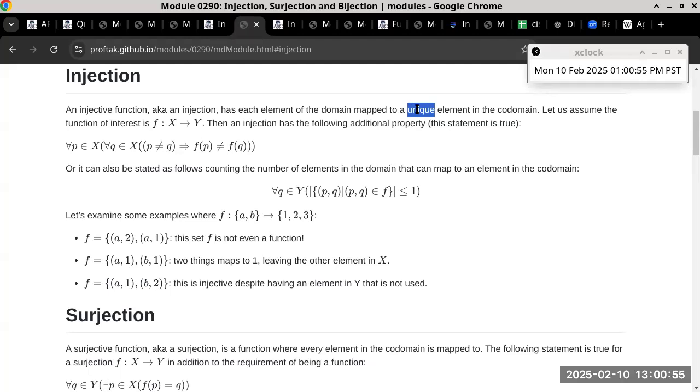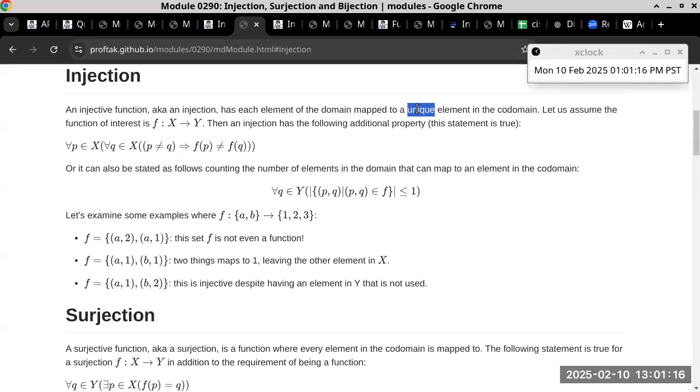Every injection is a function, but not every function is an injection. So is that okay? Because I just said a sentence where you understand every single word, but do you know what I mean by that?